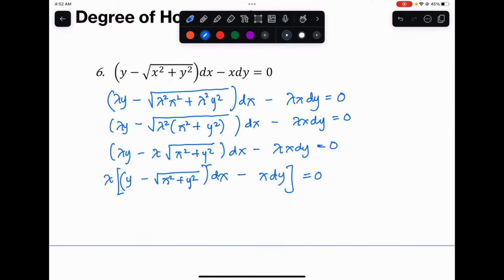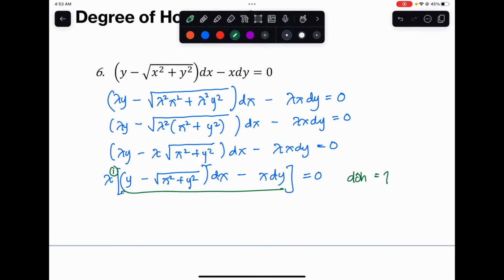So this is the original equation, and lambda, the degree of homogeneity, is equal to 1, with the power of 1 there. Okay, so that's how we find the degree of homogeneity, and that's how we classify whether a given equation is homogeneous or not.